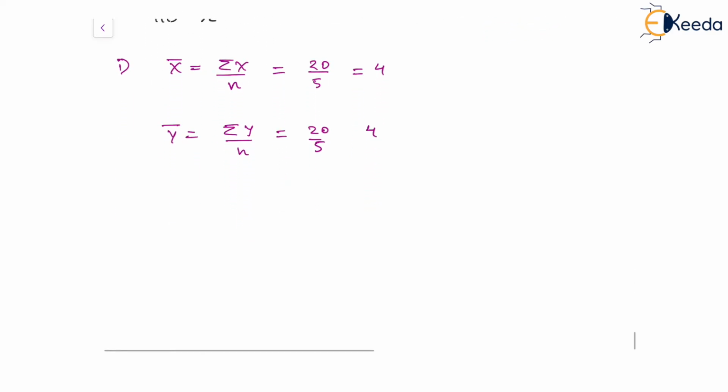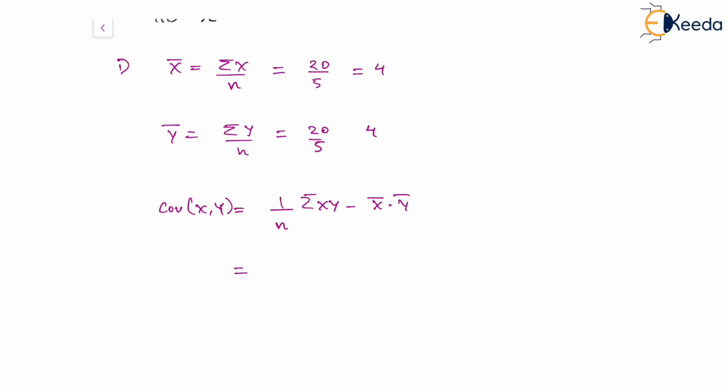Now the covariance is given as 1 over n times summation of xy minus x mean times y mean.